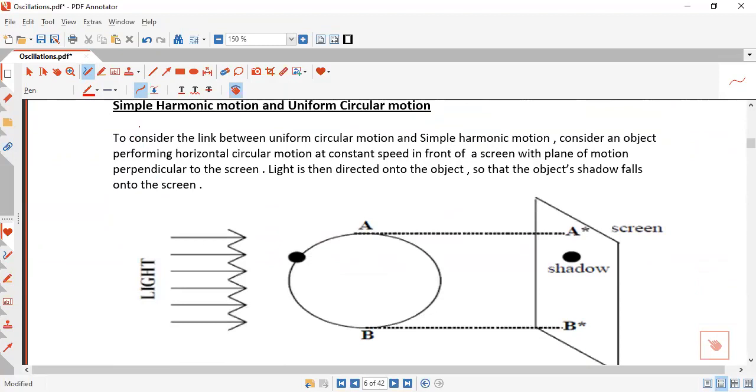So students, next is simple harmonic motion and uniform circular motion. Listen carefully. Let's say it's the top view of something, and the light is coming from there, and the object is rotating.